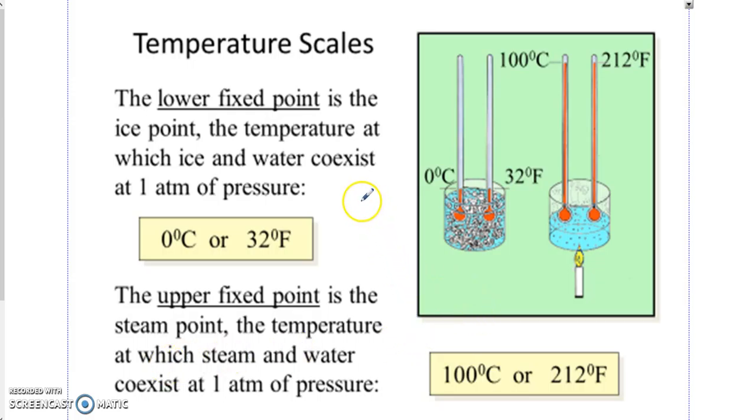And then our scales. We have Fahrenheit on this side. We have Celsius, and if you notice, Celsius starts at 0, Fahrenheit starts at 32. The boiling point for Celsius is 100, and the boiling point for Fahrenheit is 212.